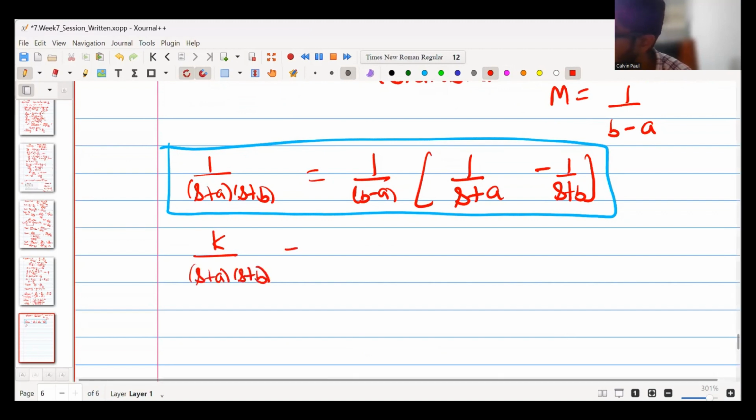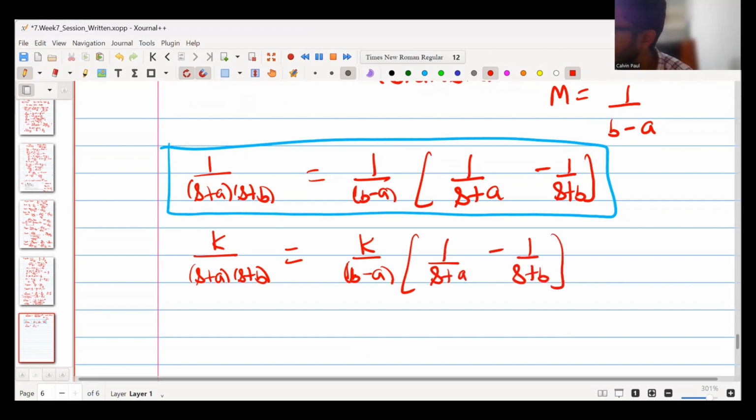So your result will be equal to K upon b minus a into 1 upon s plus a minus 1 upon s plus b. So very quickly, if I just see s plus a into s plus b, I can directly write it in this form very fast. I don't need to spend my time solving.